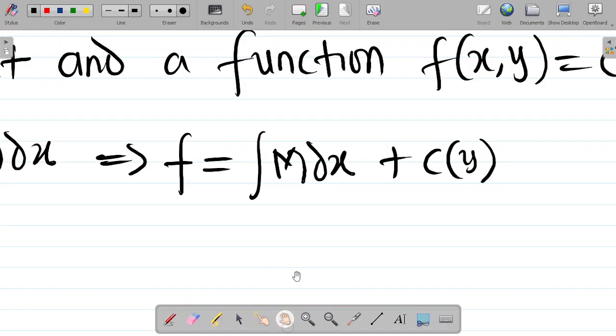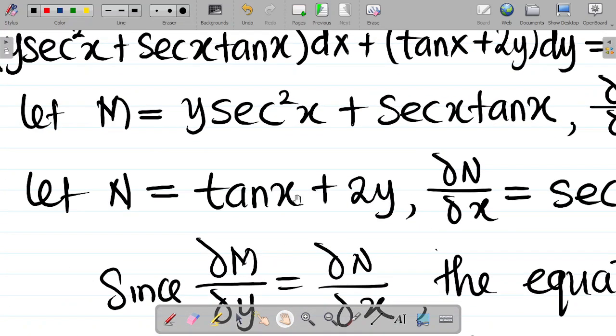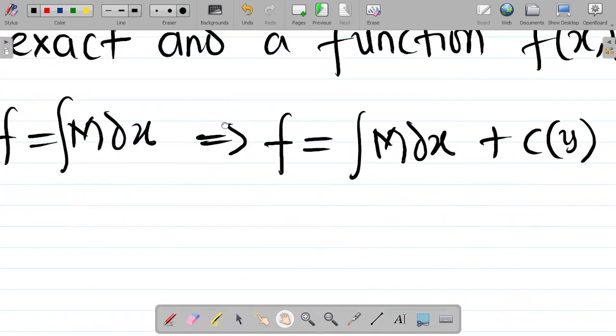All right, from this here, let's put in this value. What's the value of M? Let's check the value of M again. M, as you can see here, is y sec squared x plus sec x tan x.